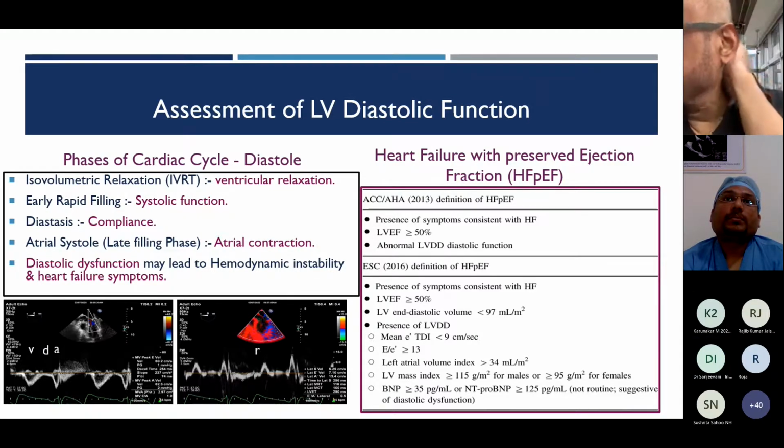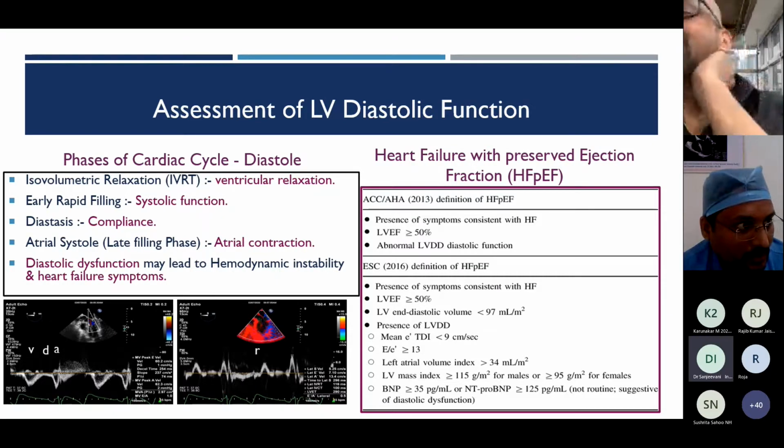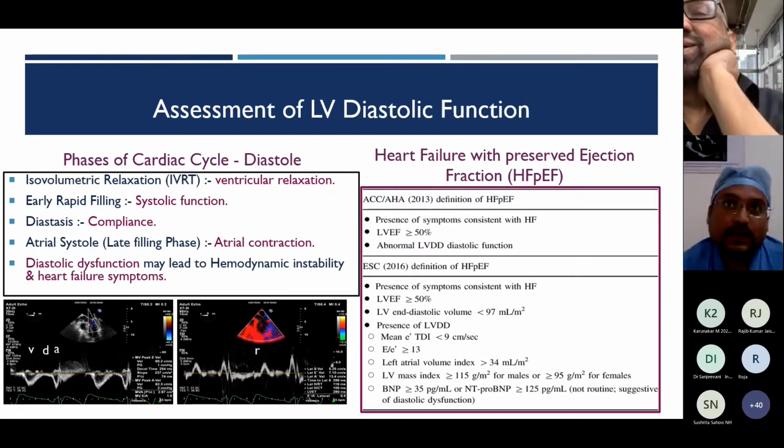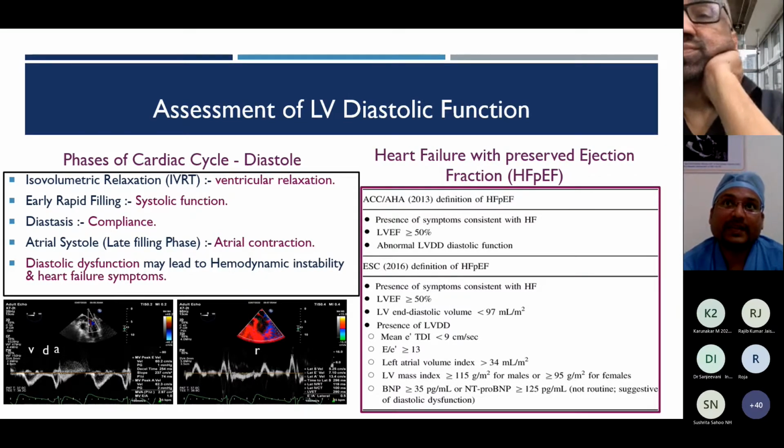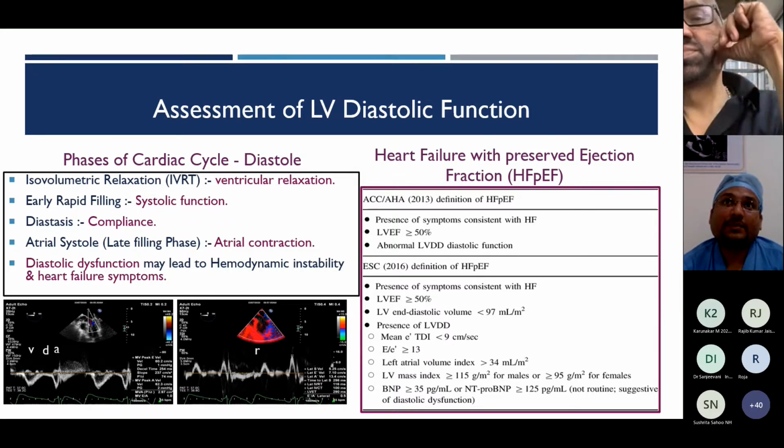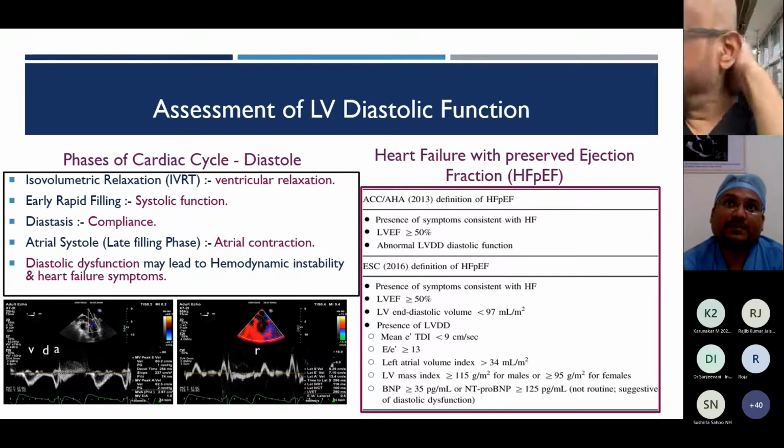TR velocity more than 2.8 meters per second is one of the parameters to be considered. Because of the back pressure changes of the LA, there is a strain on the RV, and if there is a TR and you get a peak TR jet velocity, it can be an indirect measure of assessment. Greater than 2.8 meters per second is a parameter to be considered.